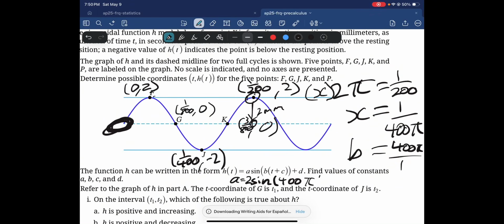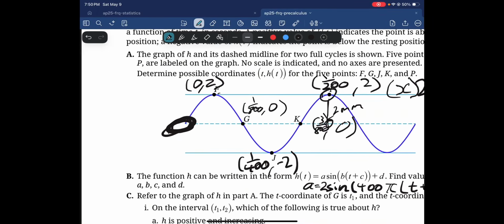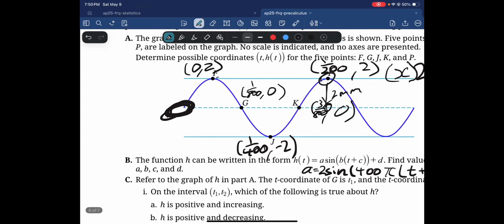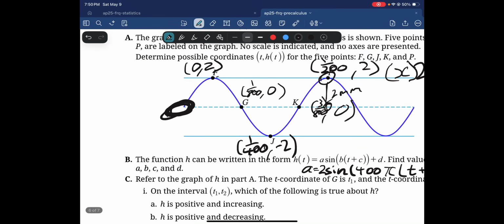Pretty simple, right? Then t is basically your x in this situation, your explanatory variable, so you don't have to write anything for t. Just leave it as t. And then plus C, this is a horizontal translation. Now, if C was 0, then it would start at 0, 0 here.